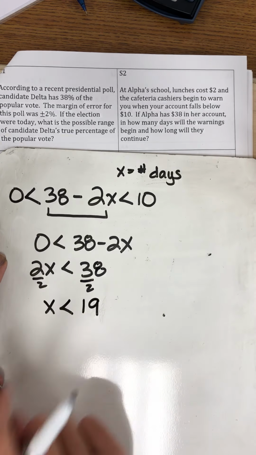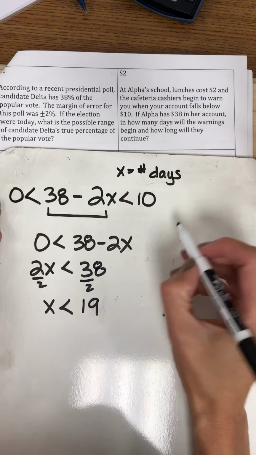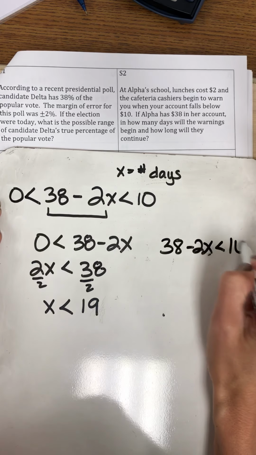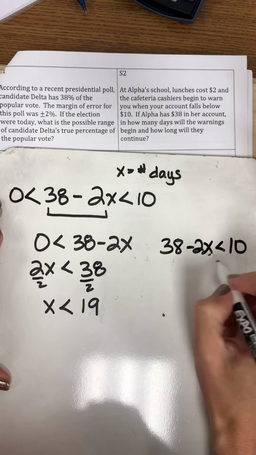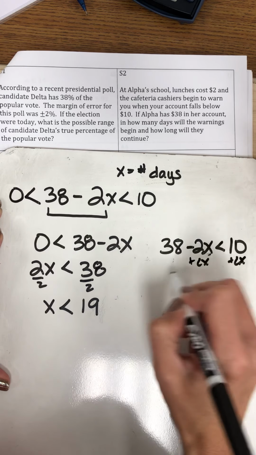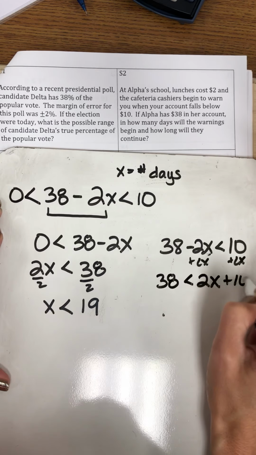So 19 days. And then I'm going to solve this problem right here. So 38 minus 2x has to be less than 10. I'm going to add 2x to both sides. 38 is less than 2x plus 10.